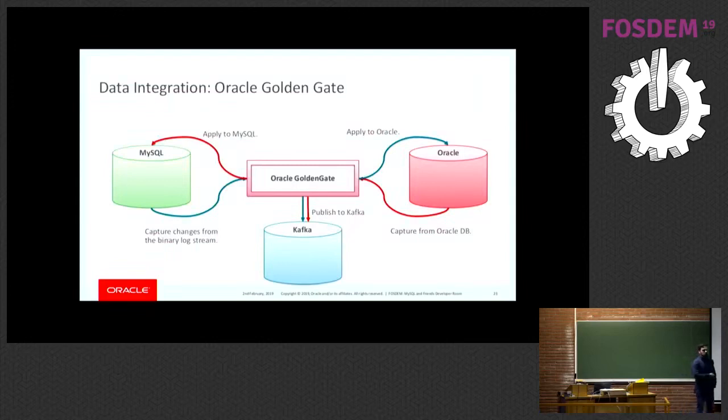This is again a very common use case. I put here Oracle GoldenGate, but a lot of people do it with, for instance, Maxwell and other kinds of frameworks, where they tap into the binlog stream, connecting, for instance, as a fake slave to a master.